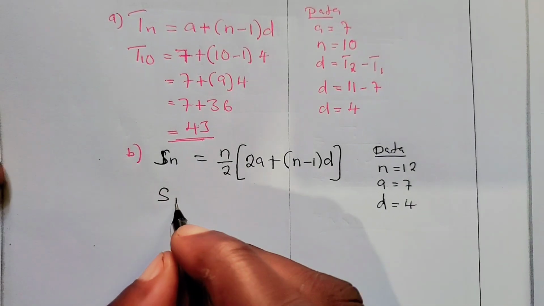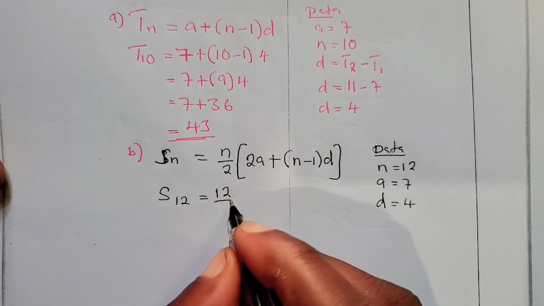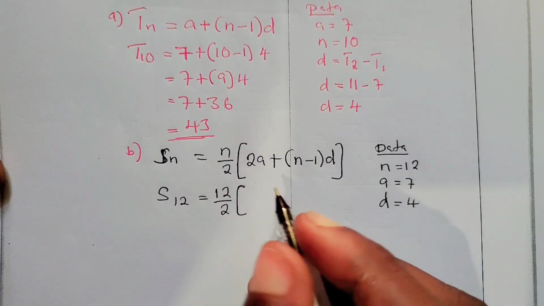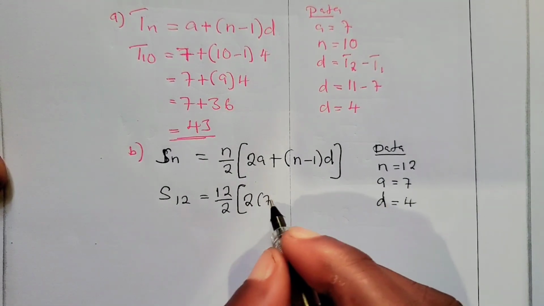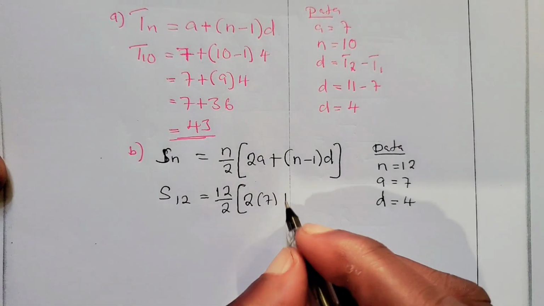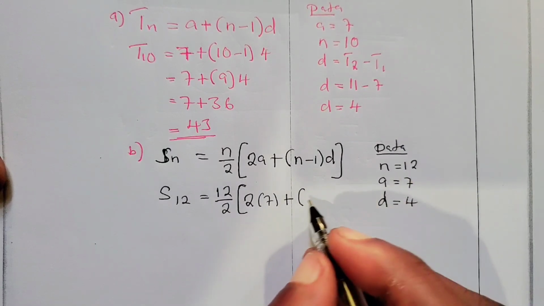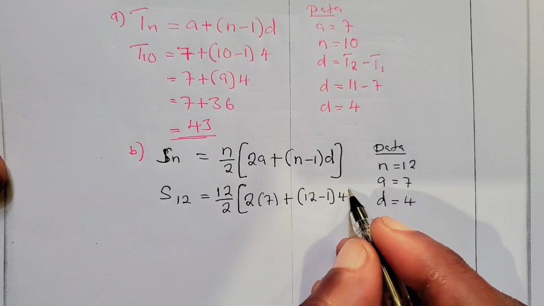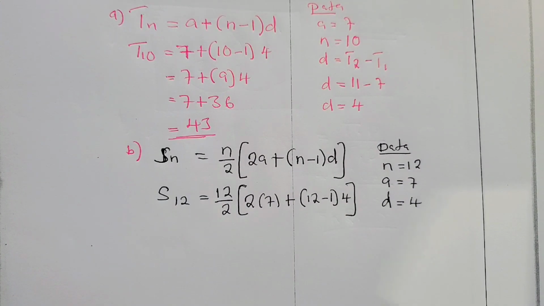So S12 equals, n is 12, 12 over 2, open bracket, 2 times the first term, which is 7, close, plus open parenthesis, n is 12 minus 1, close bracket, 4. Okay, this is what we're having.